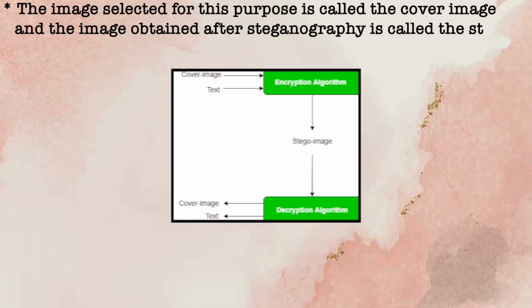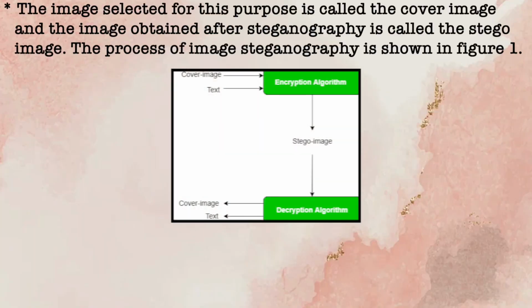The image selected for this purpose is called the cover image, and the image obtained after steganography is called the stego image. The process of image steganography is shown in figure 1.